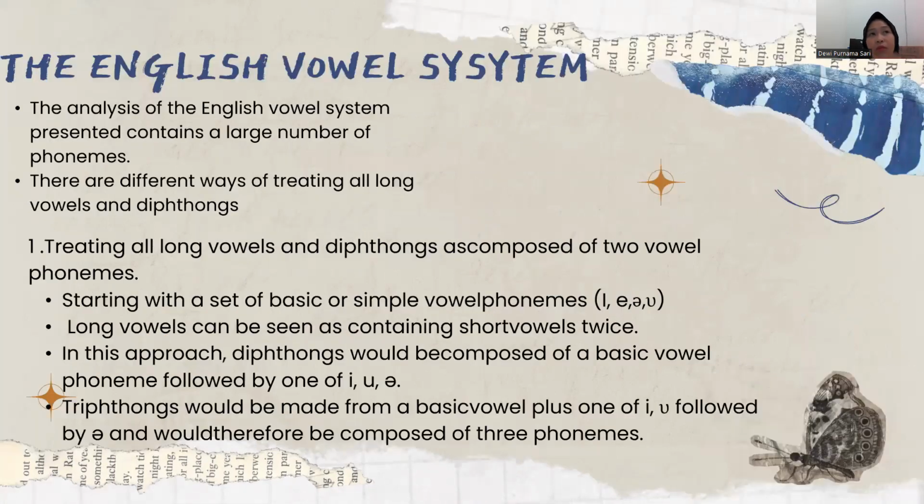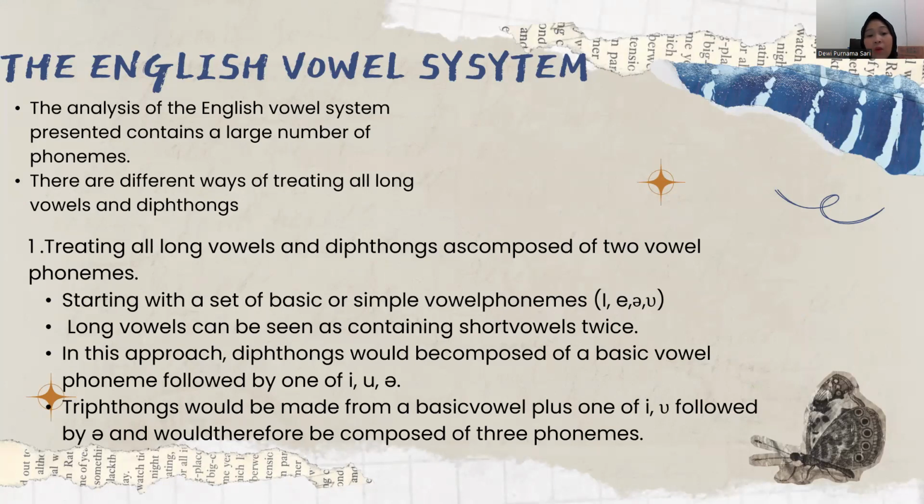All right, next. That was about the fricatives problem, and now the English vowel system. The analysis of the English vowel system presented consists of a large number of phonemes, right? There are different ways of treating all long vowels and diphthongs. The first one, we treat all long vowels and diphthongs as accompanied by two vowel phonemes.